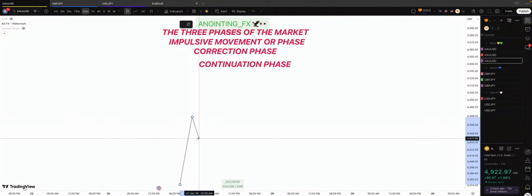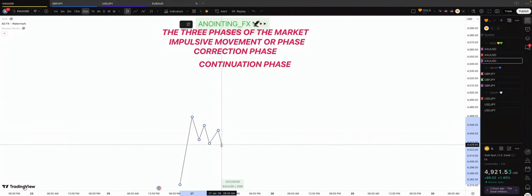And then for the correction, you will see price retracing. Price will retrace. That is where all the chart patterns form.